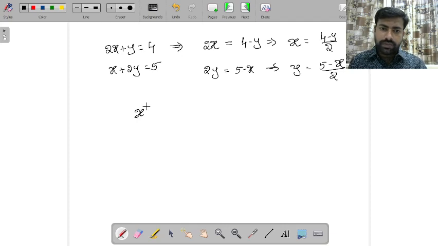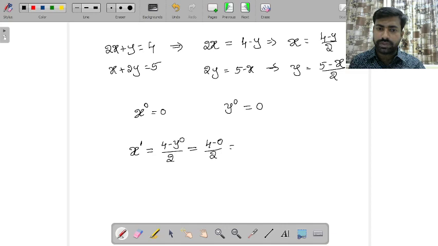First we'll take the initial values to be 0. x naught and y naught, we'll take them to be zeros. Now we'll write the formula for x1. x1 is (4 minus y naught) by 2. So let us calculate x1 here. This is (4 minus 0) by 2, which is 2. So now I got a new value of x1.